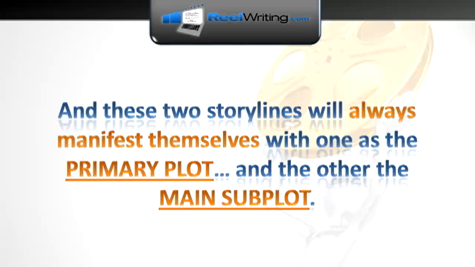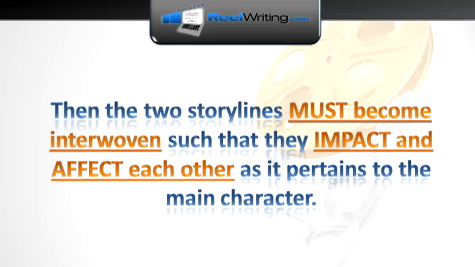And these two components will always manifest themselves with one as the primary plot, or the main storyline that is taking place, and the other as the main subplot. And those two storylines must become interwoven as a movie progresses, such that they impact and affect each other as it pertains to that main character. And that is the key. That's the secret. The two storylines must impact and affect one another.